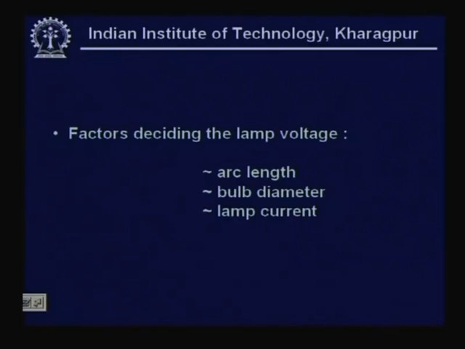Now, starting depends on, as we saw, the voltage across the discharge tube and the total voltage, that is the ratio which we termed as the open circuit voltage to the lamp voltage. In fact, we saw that this has to be around 4 to have an instant start lamp. Lamp voltage, of course, we said bulb diameter, current and arc length decide.